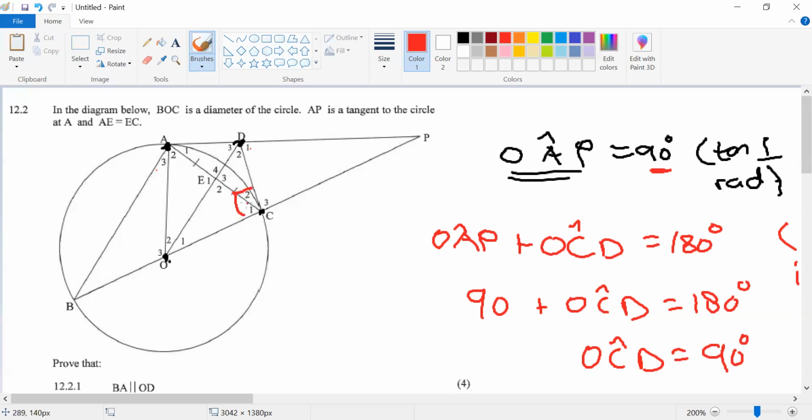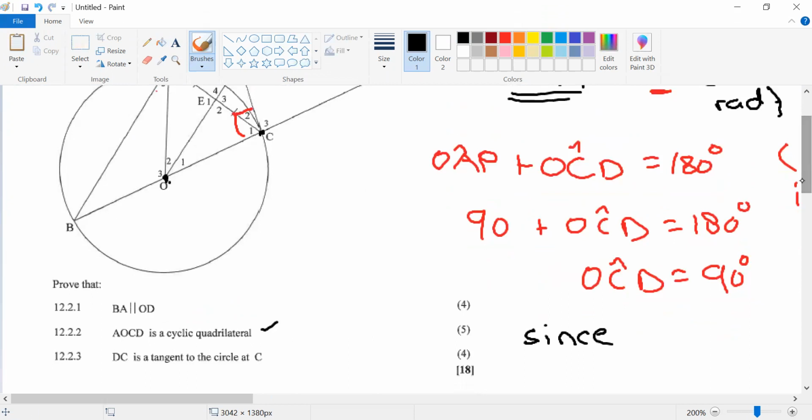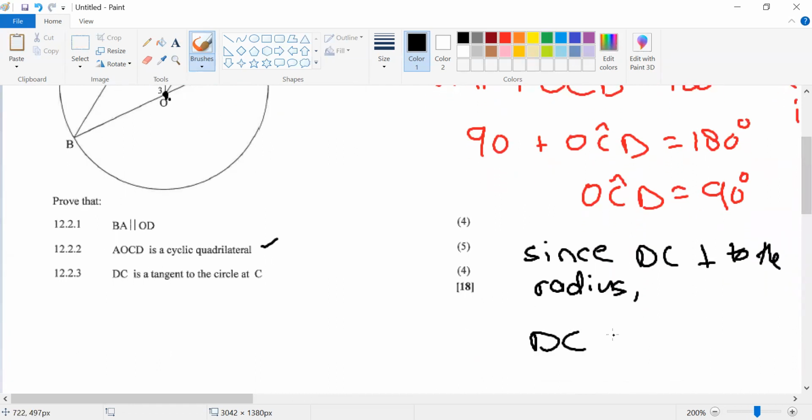And this is exactly what we've proven, that that angle is 90 degrees. And we've already established that this is a radius right here. This is a tangent right there. And since, let's write this out. Since line DC is perpendicular to the radius, DC is a tangent.